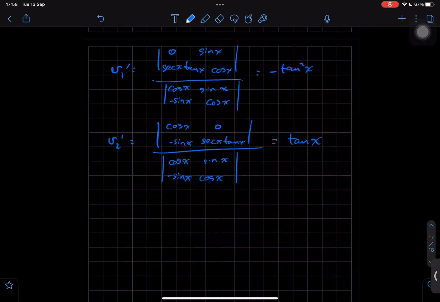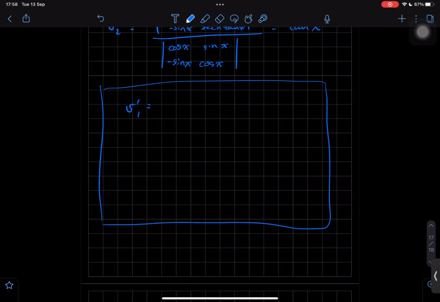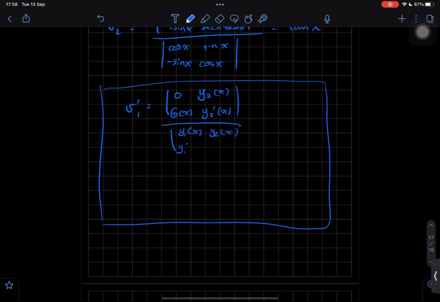Maybe I should write the general formula. v1 prime will equal the determinant with 0, y2(x), g(x), y2 prime(x), over the determinant with y1(x), y2(x), y1 prime(x) and y2 prime(x).